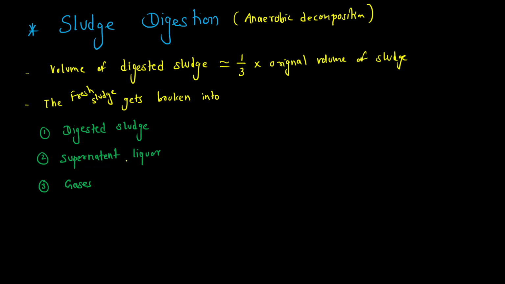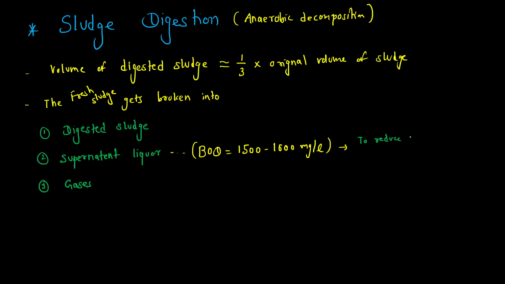This supernatant liquor is very dangerous and it has a BOD of around 1500 to 1600 mg per liter. So we cannot directly dispose of this, and hence to reduce the BOD, it is retreated with raw sewage. Write down this point.